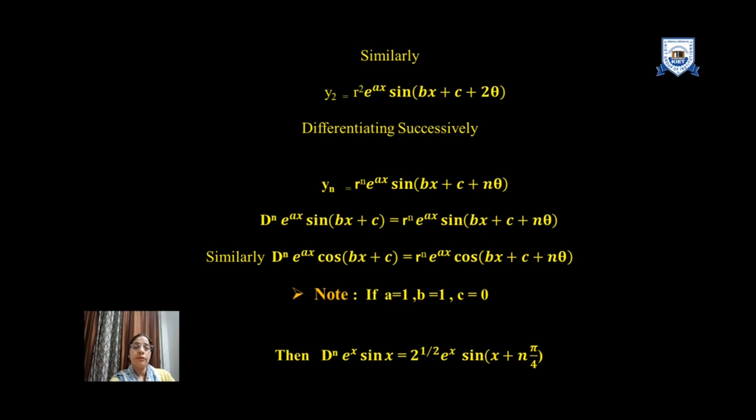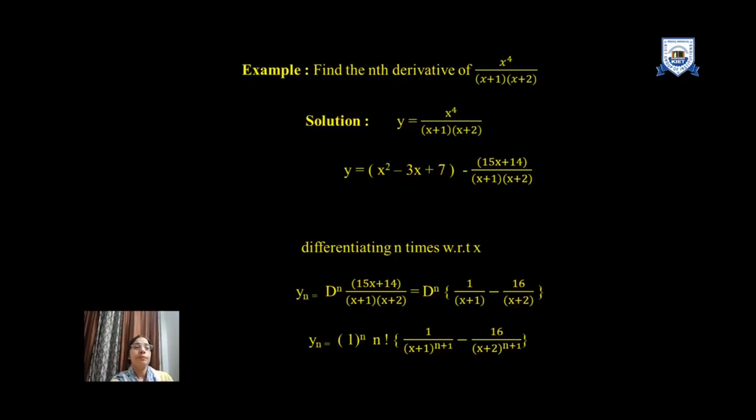Then the nth differential coefficient will be r to the power n e to the power ax cos bx plus c plus n theta. And if we put a equals 1, b equals 1 and c equals 0, then the nth differential coefficient of e to the power x sin x will be under root of 2 to the power n into e to the power x into sin x plus n pi by 4.